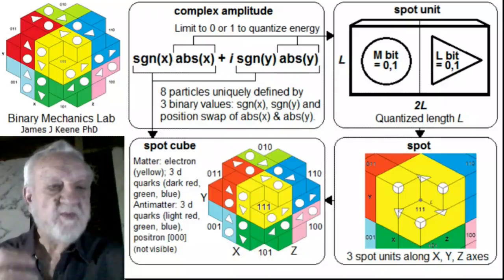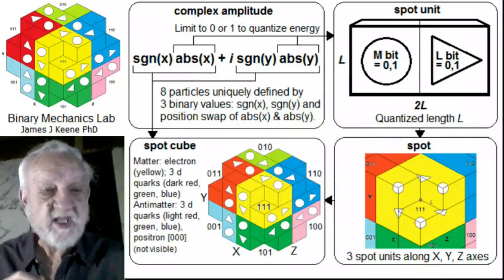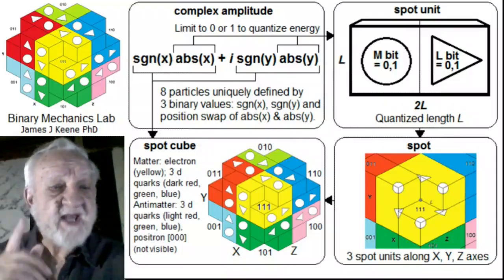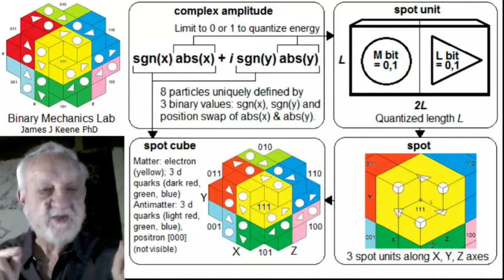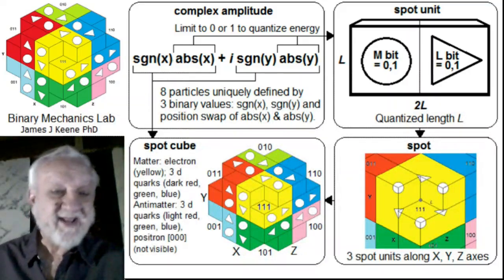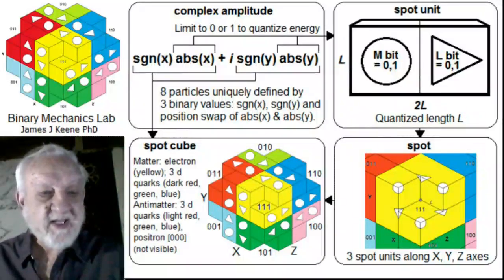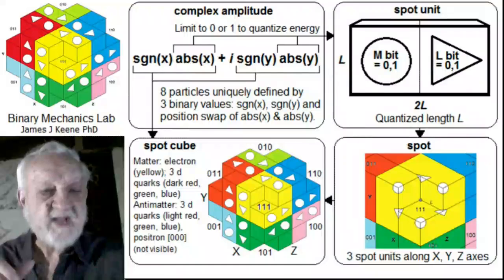There are 8 permutations of the parts of the complex amplitude, shown in the upper left, which define a spot cube which predicts 8 elementary particles, 3 down or d quarks, and the electron, and their antiparticles. Finally, space is seen as a lattice of these spot cubes.